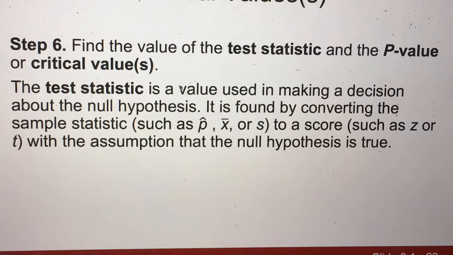The test statistic is a value used in making a decision about a null hypothesis. It is found by converting the sample statistics such as p-hat, x-bar, or s to a score such as z or t, with the assumption that the null hypothesis is true. It is the score having to do with our data. The test statistic is our data score.